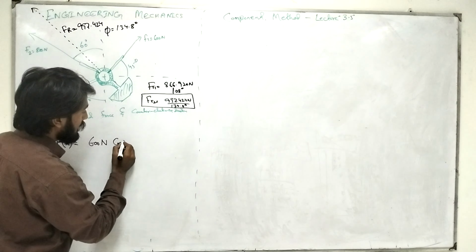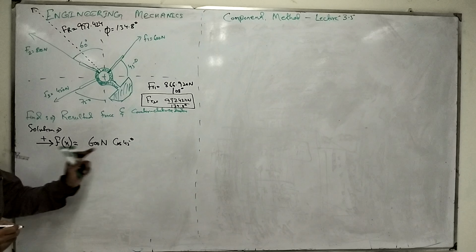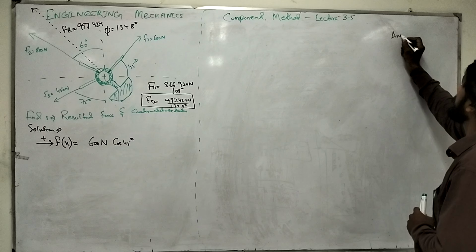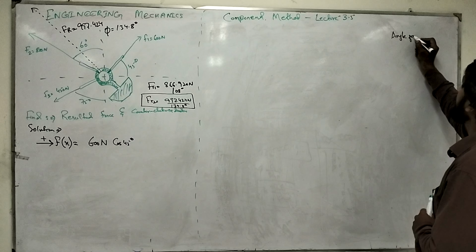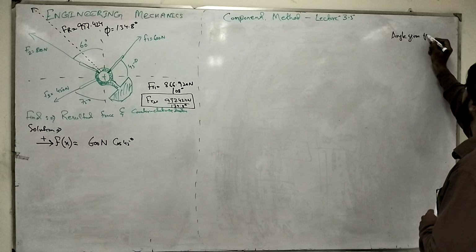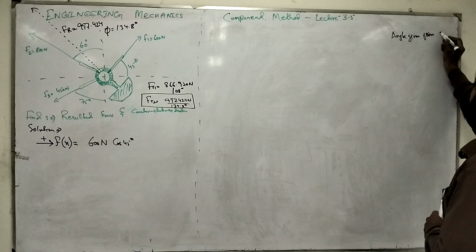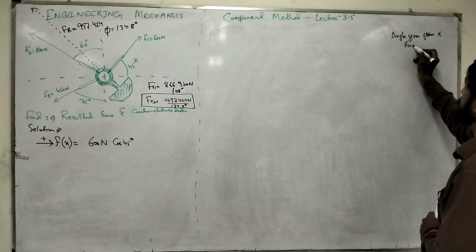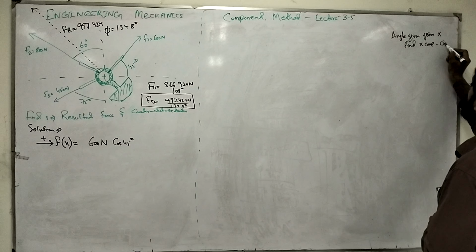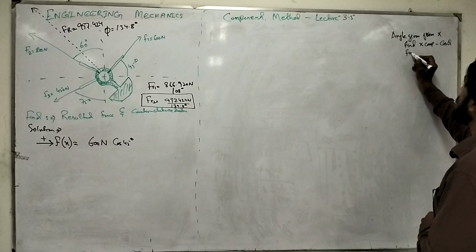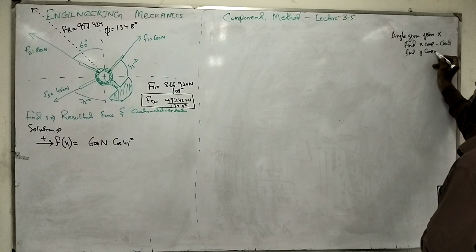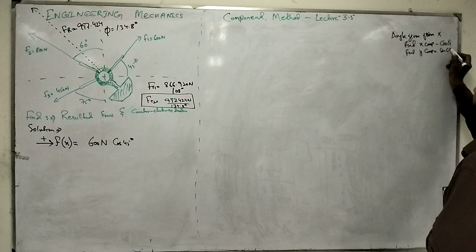Cosine 45 degree. Now I want to recall over here that if the angle is given from x and we need to find the x component, we will use cosine theta. If you want to find the y component and the angle is given from the x axis, we are going to use sine theta.